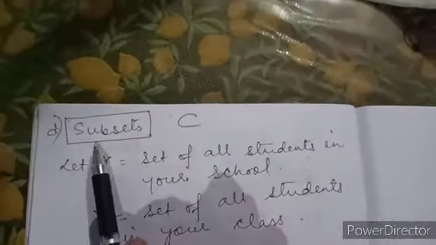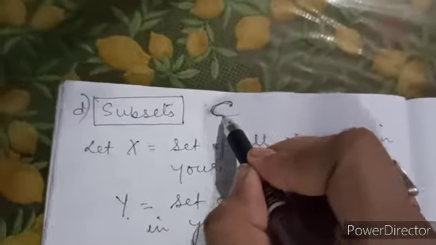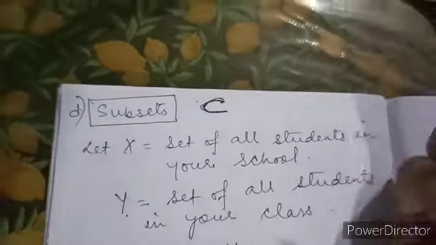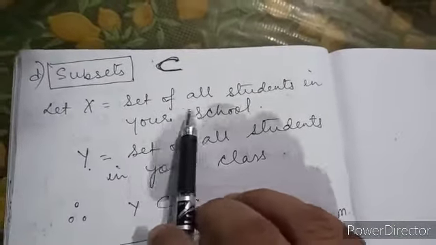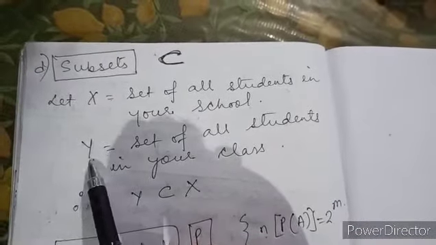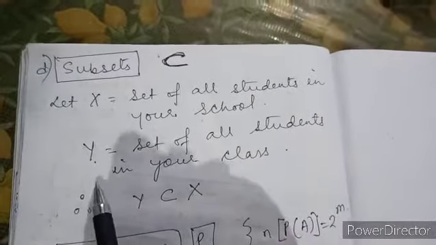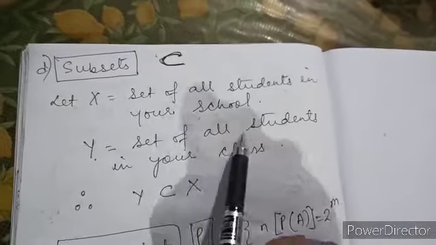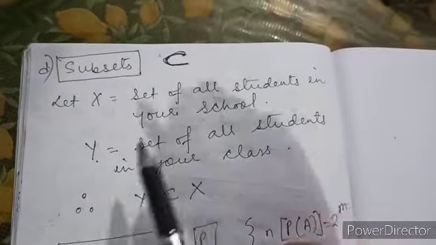Okay, next is subsets. Subset is shown by this symbol. Suppose I am defining a set X as the set of all students in your school, and I define another set Y as the set of all students in your class. If you see, the students present in the class are also part of the students present in the school.